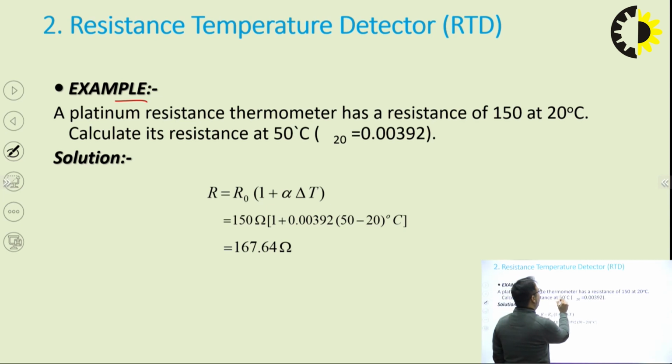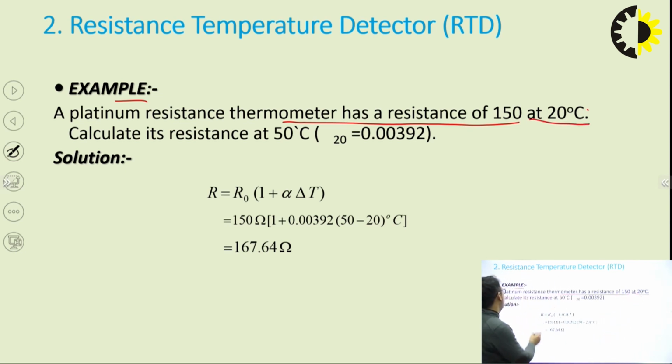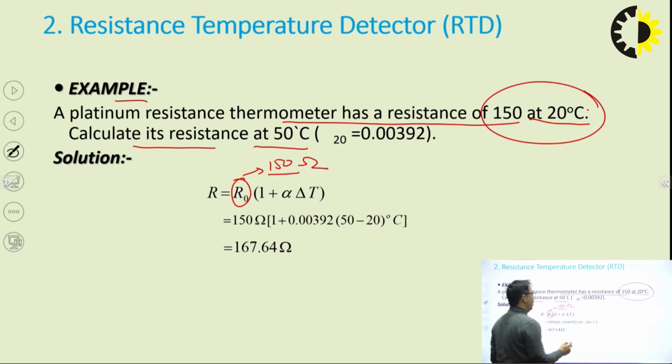A thermometer has a resistance of 150 at 20 degree centigrade. Calculate the resistance at 50 degree Celsius. What we are given: R naught is 150, because this resistance is at our reference temperature, and R we are supposed to find out.